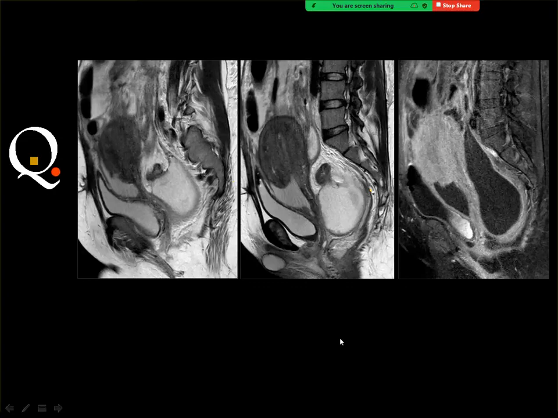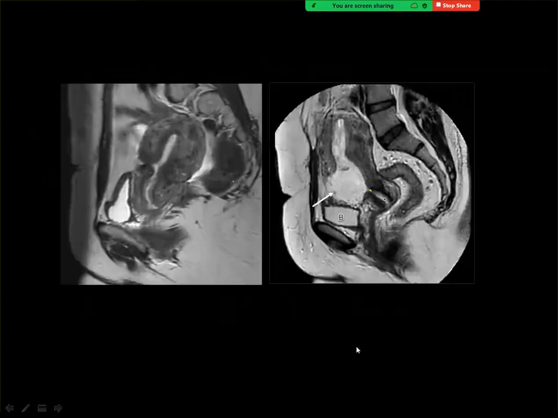Actually, you know that the scar of the previous section, previous cesarean section, is one of the major causes of weakness of the uterine wall, and the area of the previous section may become fibrous, and in the next pregnancy it may cause rupture of the uterus, as you can see here and in the previous case as well.